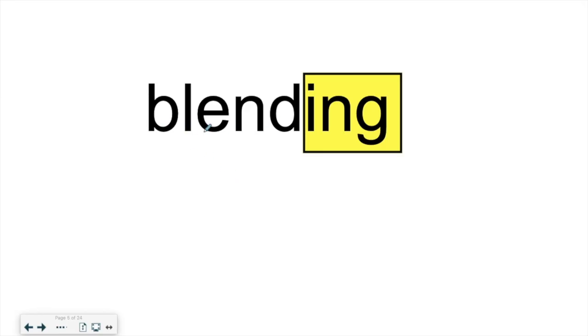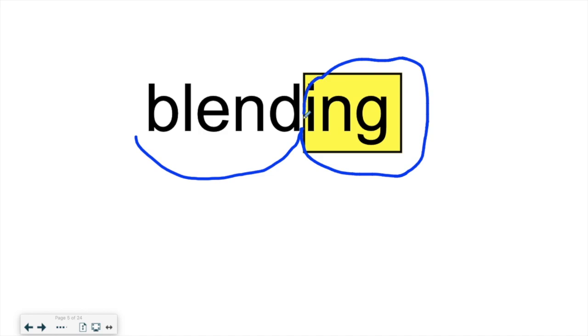So we have the word blend, and then we have the ing ending. And if I wanted to mark this up, I'm going to underline the base, which happens to be one syllable. I'm going to circle my suffix. I'm going to decide, is this a closed syllable? Let's check.